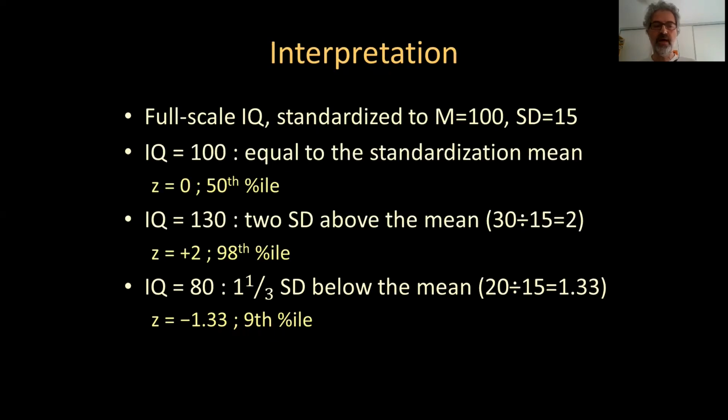So someone with an IQ of 80 has a score that is expected to be lower than 91% of the population and equal or better than 9% of the population. And this is the meaning of an IQ equal to 80.